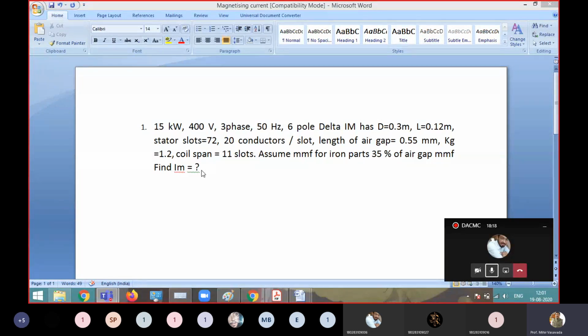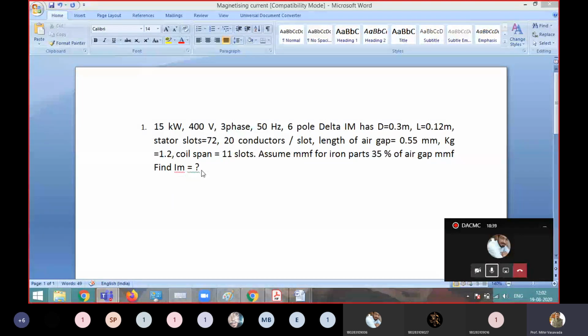And one assumption they've made is that the MMF for iron parts equals 35% of the air gap MMF. So we'll find out the air gap MMF first. Once you have that, you have to consider 35% of it as required for the remaining iron parts.